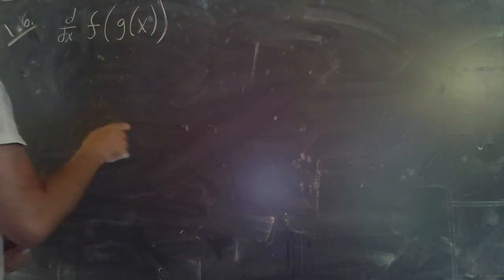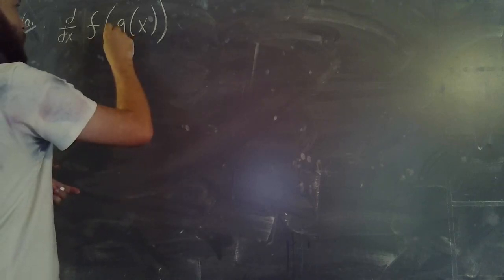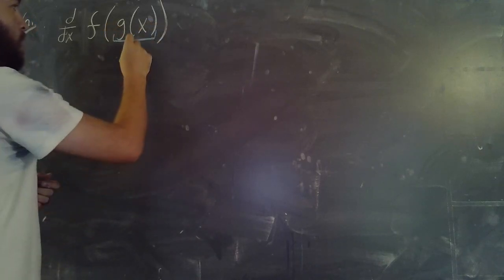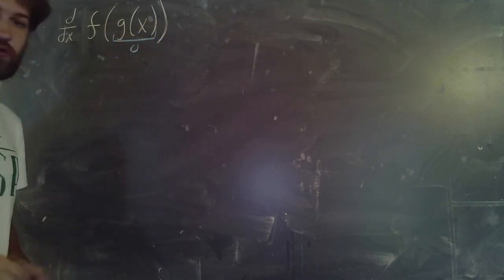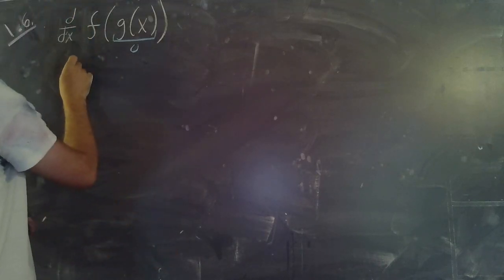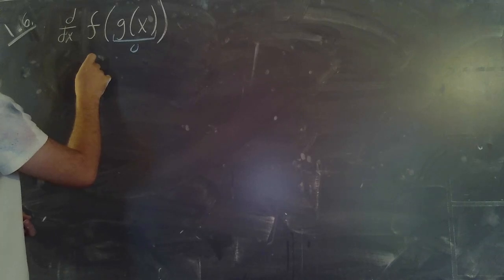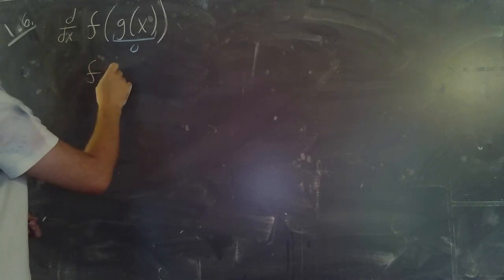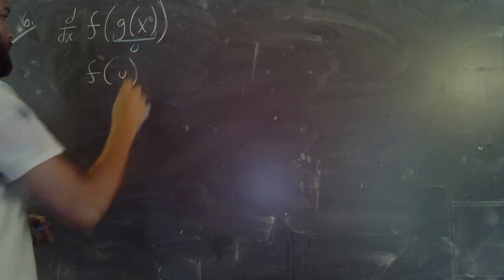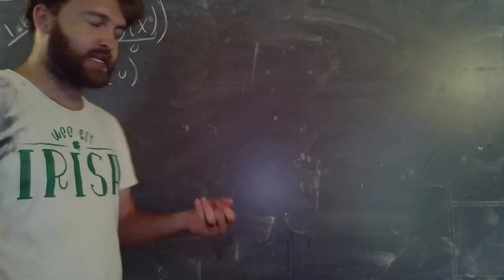So what we did is we said, wishful thinking, what if this internal function g of x was just u? Well, then what that would basically be is like saying, what is the derivative of the function ignoring the inside part?